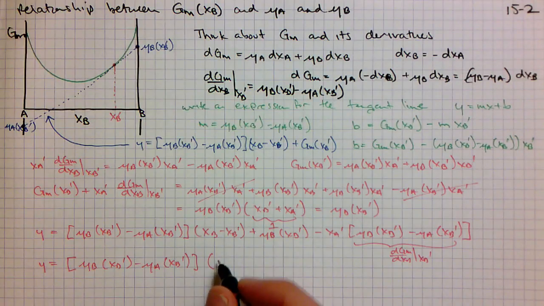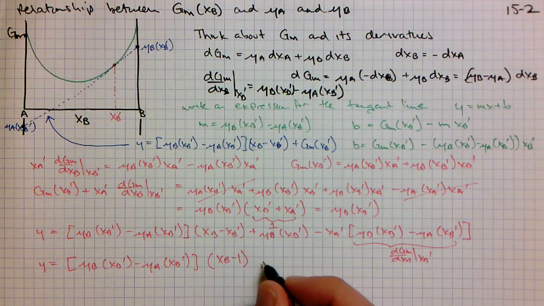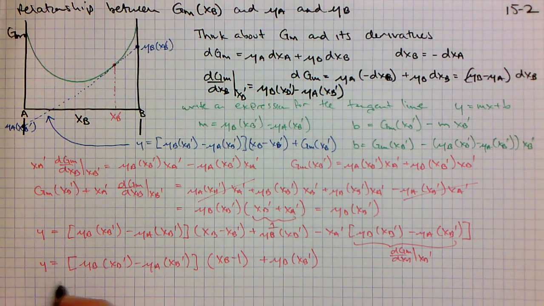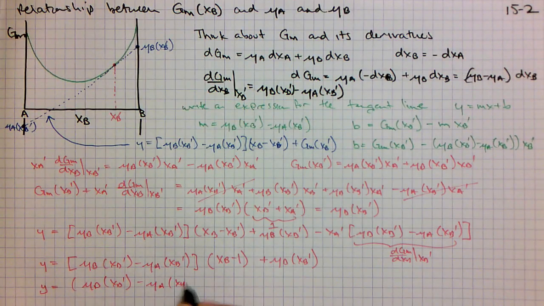So we'll get xb minus 1 plus, and now we have this mu b xb prime, right? So we get at the end y is equal to mu b xb prime minus mu a xb prime times xb plus mu a xb prime.